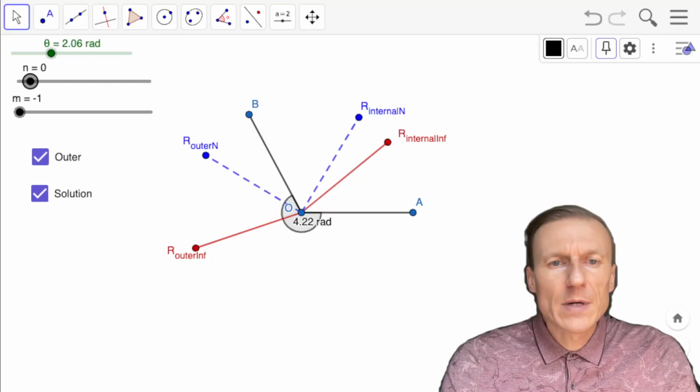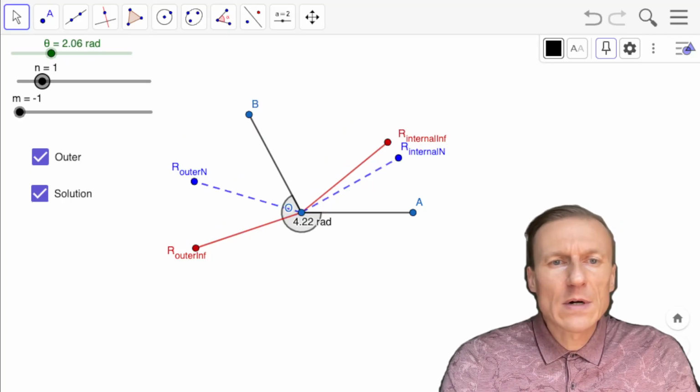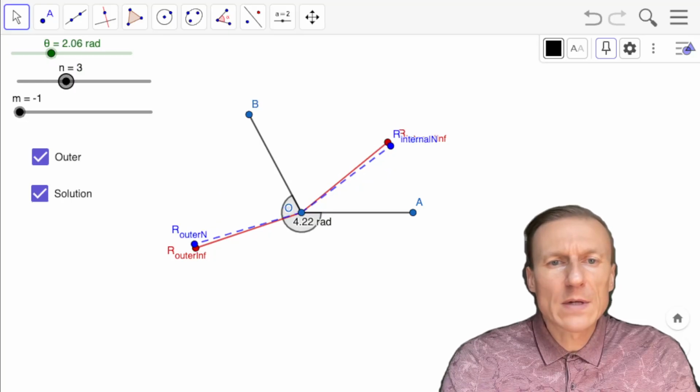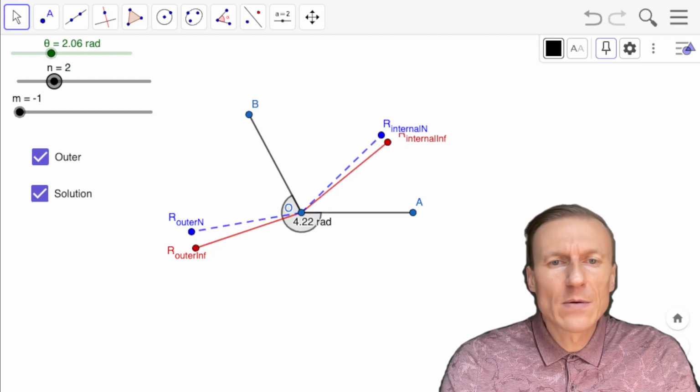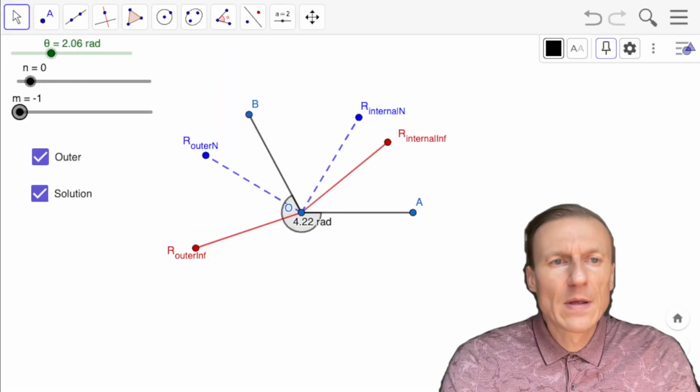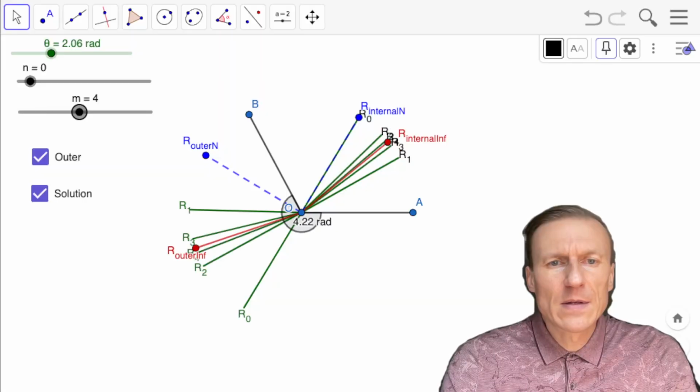Also notice that for the outer angle, the solution converges from one side only, if you have a recursive formula dependent only on one previous term. But if you have a recursive sequence dependent on two terms, we have an alternating solution.